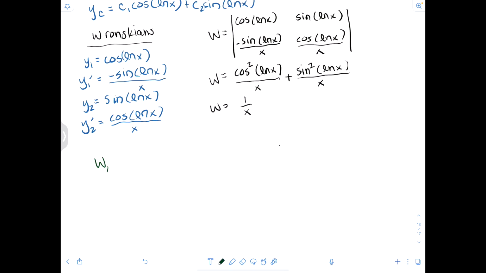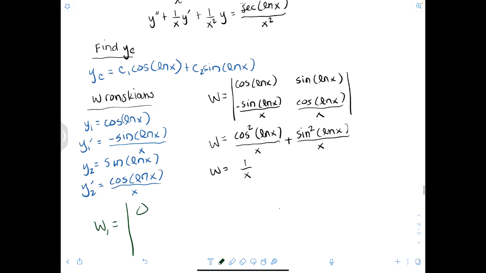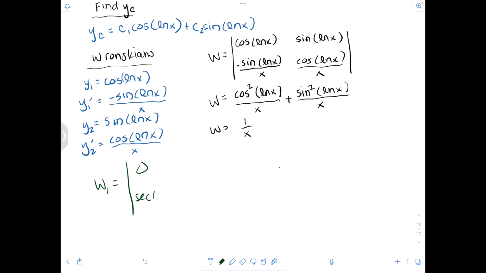So w1 is going to be 0, and then we'll have what? Secant of natural log of x over x squared. And then we'll still have the second column the same.